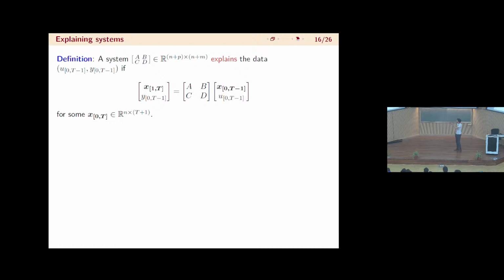So we say that the system ABCD explains the data, or is consistent with the data, if there exists some sequence of states x from time 0 up to t such that this equation is satisfied.